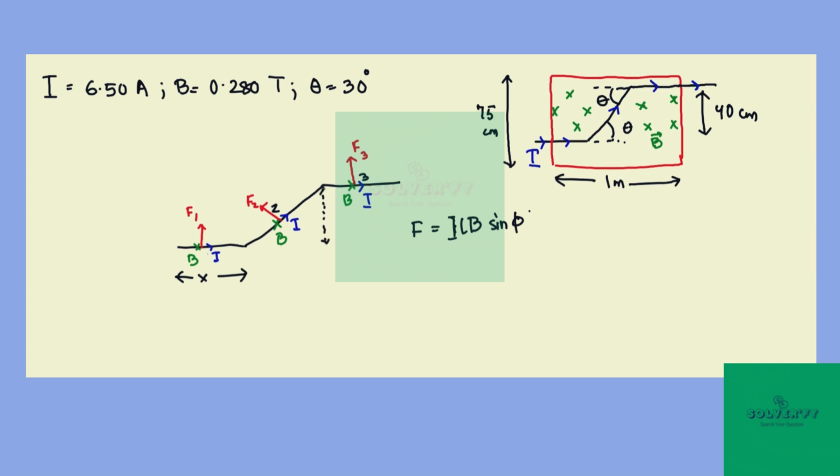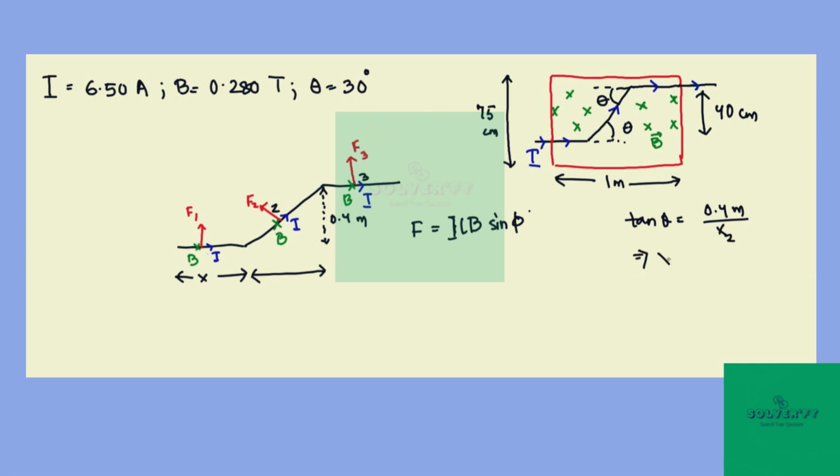So we know that this part is 0.4 meter, and we know the angle theta, which is 30 degrees. So from here, tan theta is 0.4 meter over the length of this segment. Let's call this x2.